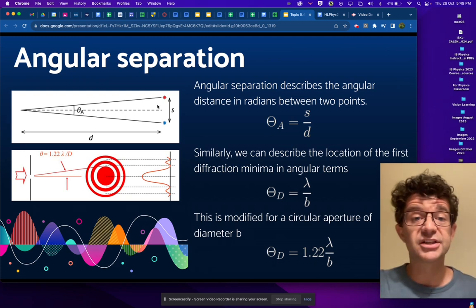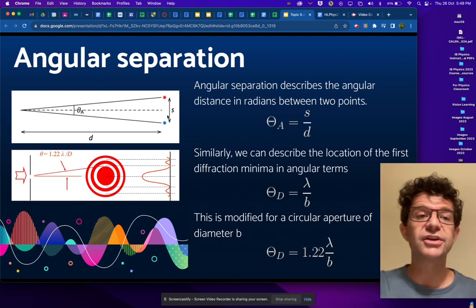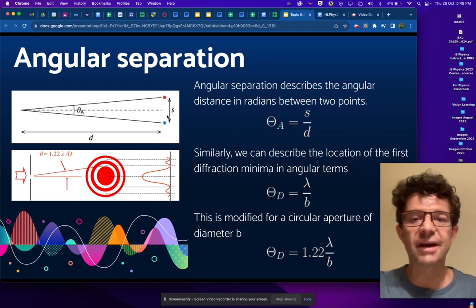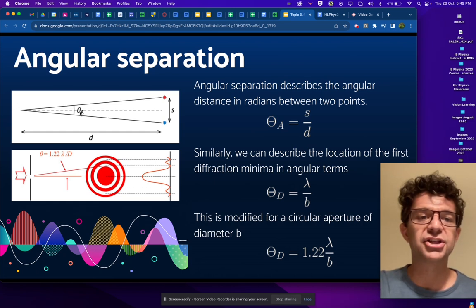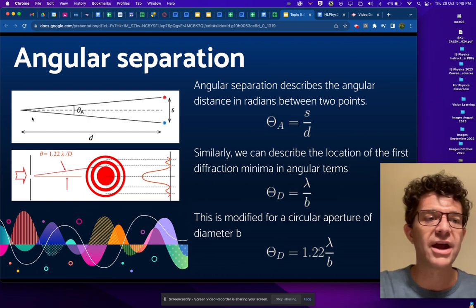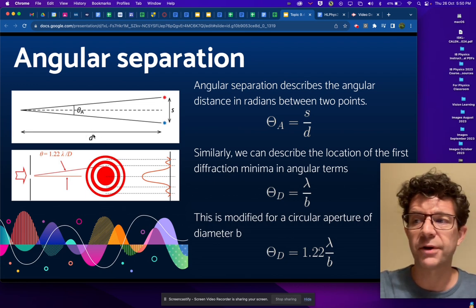So the arc length and the distance are basically the same as the linear separation and this distance. So the angular separation of two objects that are far away from your observing location here on the left is this angle here, which is the separation of the objects, in this case two stars, S, and the distance D to that point.